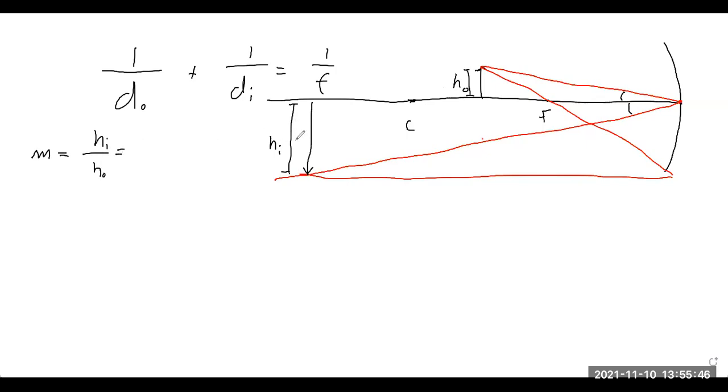In this case, we're upside down, so it needs to be minus our distance to the image over our distance to the object.